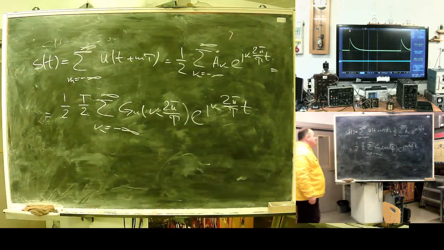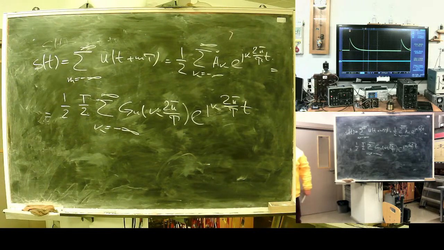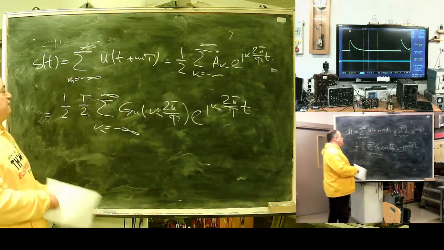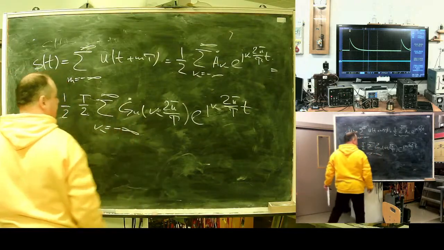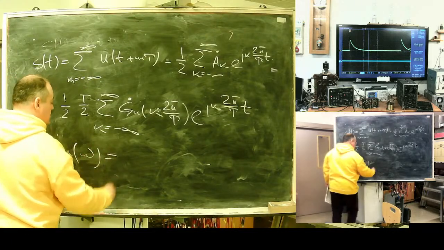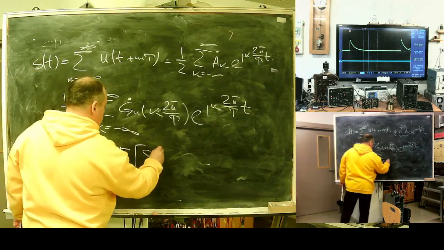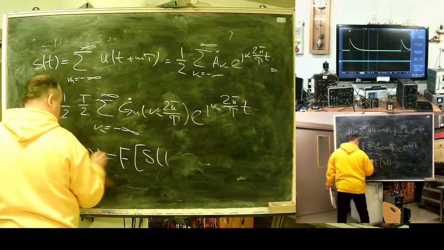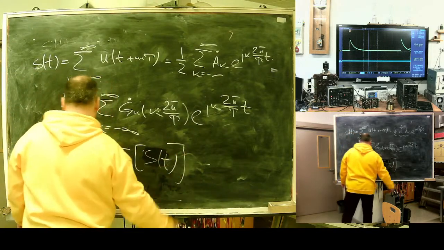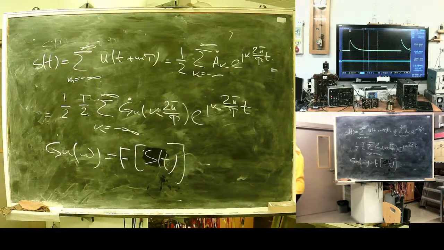Here it is. The sum of pulses substituted with the Fourier law and a_k taken as the values of the spectral function. So this is a Fourier transform of the pulse. Nice?